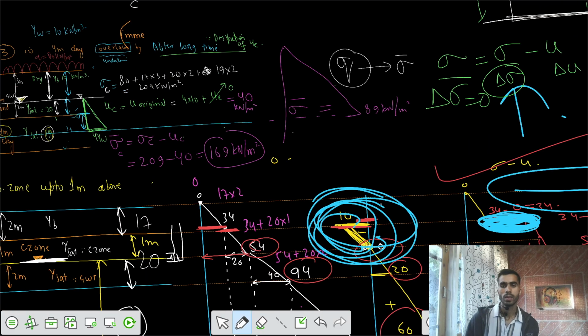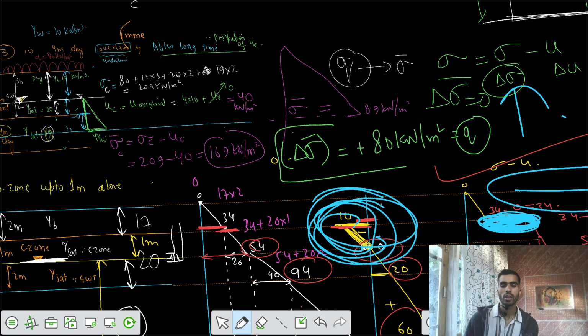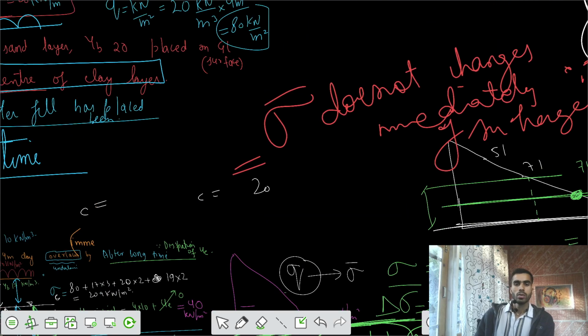The change in the effective stress is an increase of 80 kilonewton per meter square, which equals the surcharge. So all of that surcharge is now taken by the soil solids, that is the contact forces between the soil solids, such that you got this increase of 80 kilonewton per meter square.